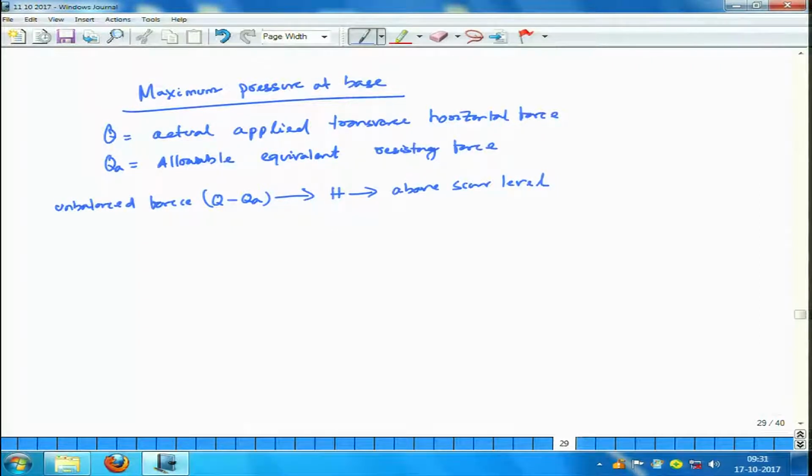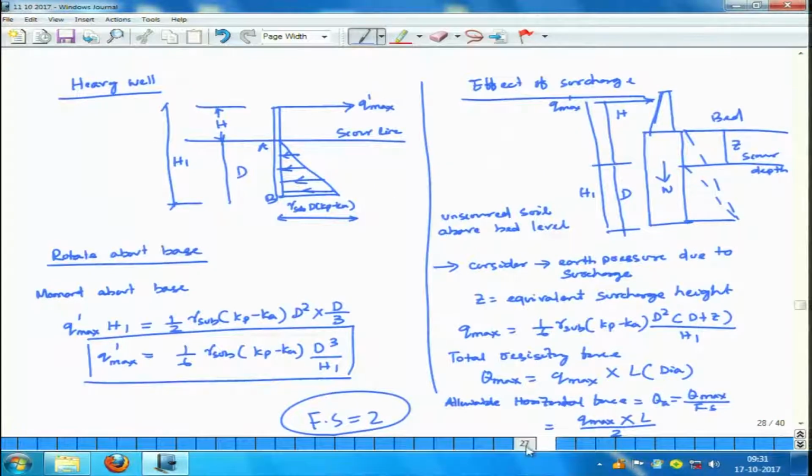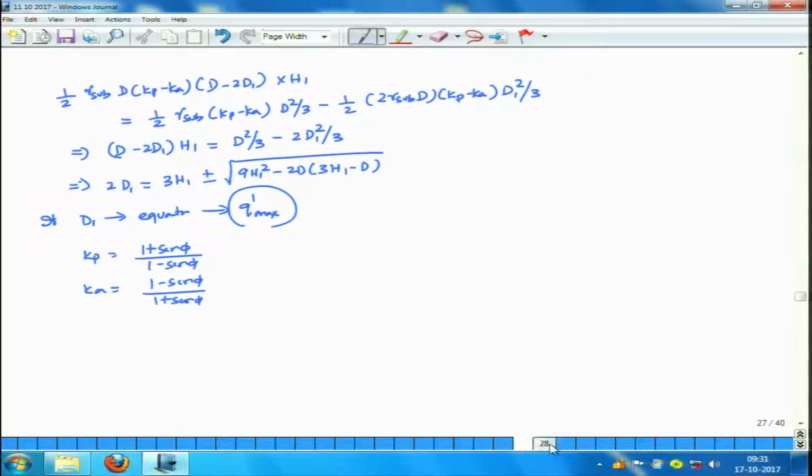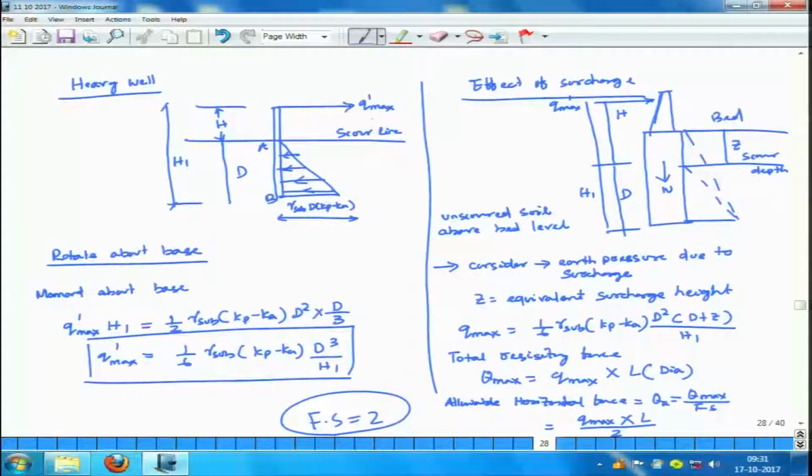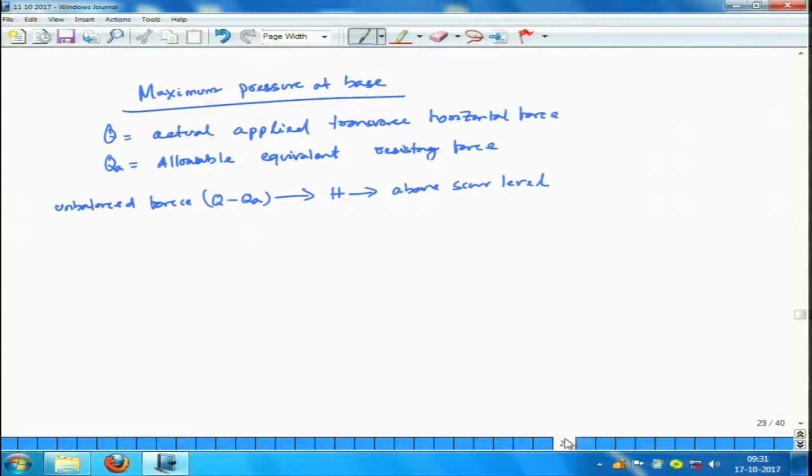Are you getting? Q is equal to actual applied transverse horizontal force, QA is equal to allowable equivalent resisting force. If you look here, actual applied horizontal forces and allowable resisting forces because of your soil. Then unbalanced force is equal to Q minus QA, acting at a height H above your scour level.